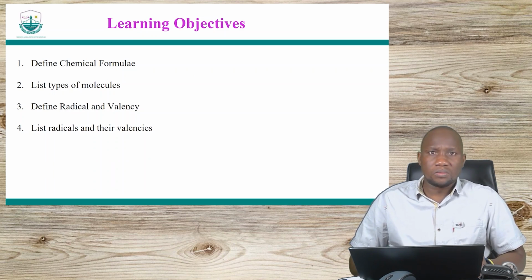We want to know what molecules are, what a valency is, how to write the chemical formula for different molecules and compounds, and then in writing that we'll basically know what valencies are.